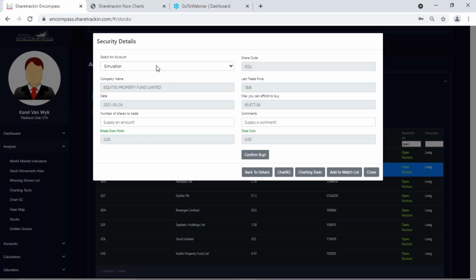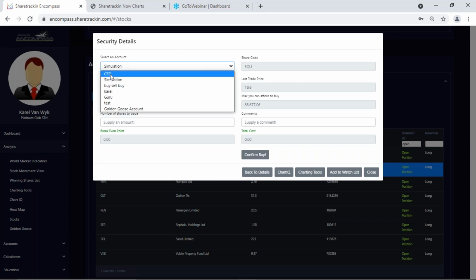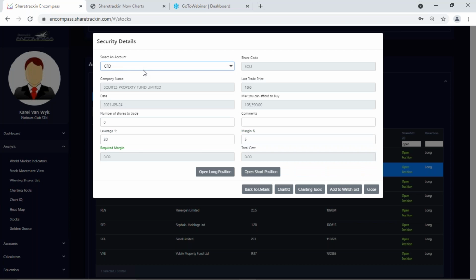Okay, so on your buying window then, you would note that there's select an account. So first of all, remember I'm trading CFDs, I'm not trading equities. So for that reason, I must go and select my CFD account.